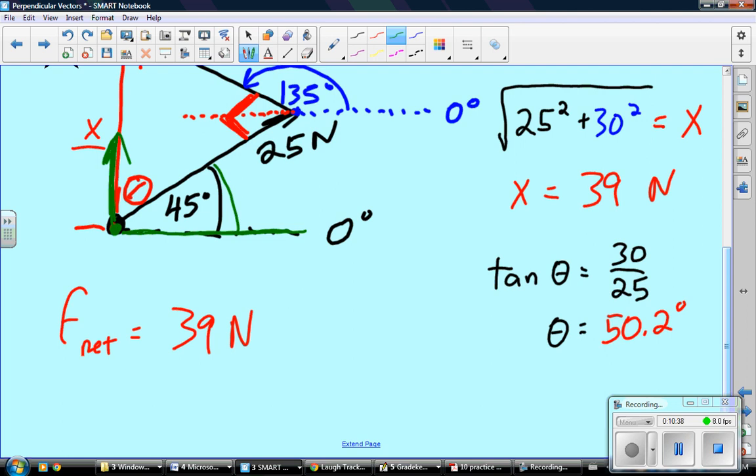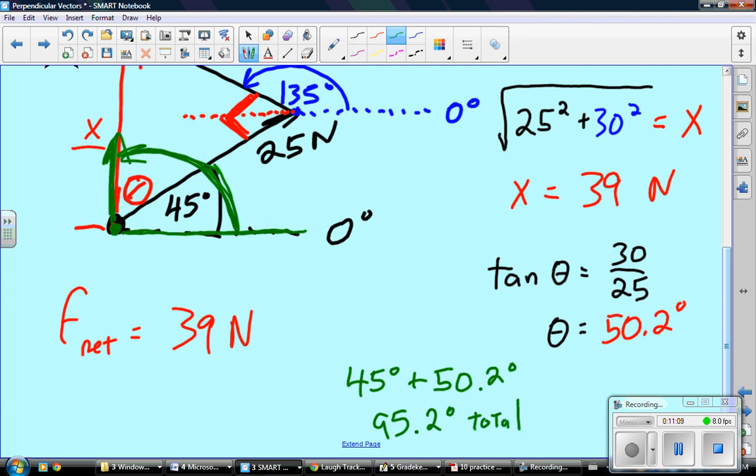So 45 plus theta more. So this little mess here that I've made is how far I need to turn in total. So you need to go 45 degrees plus 50.2 degrees, and you get 95.2 degrees total.